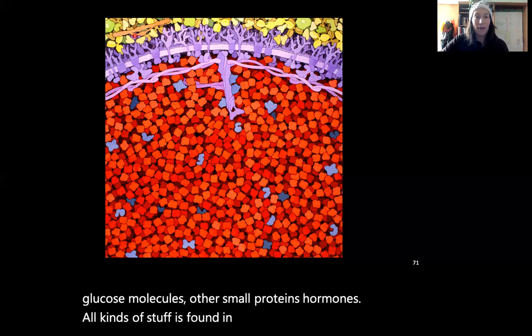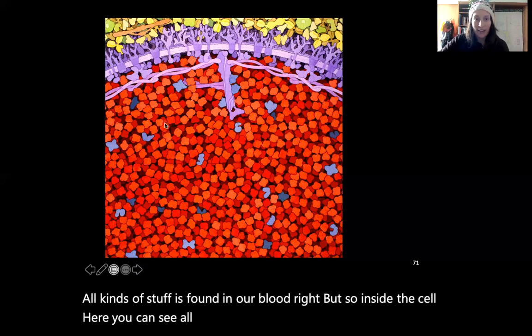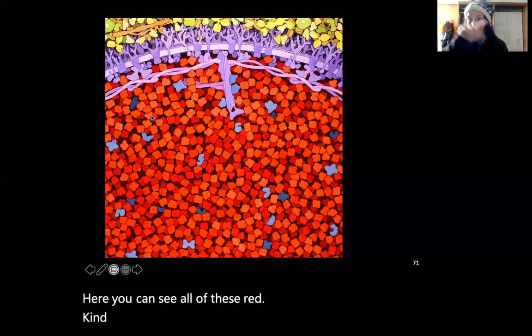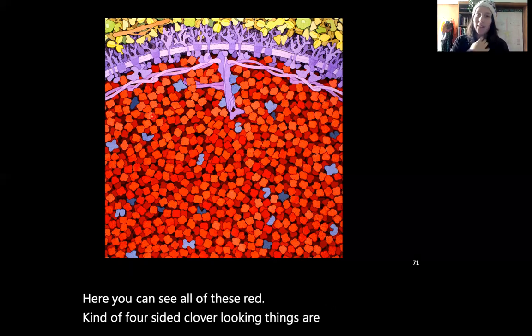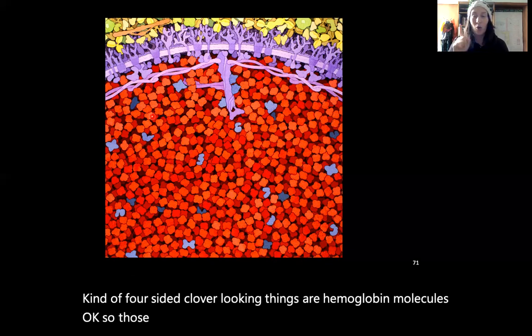But inside the cell here, you can see all of these red four-sided clover-looking things are hemoglobin molecules. Those are all the proteins. So one red blood cell is packed full of hemoglobin molecules.